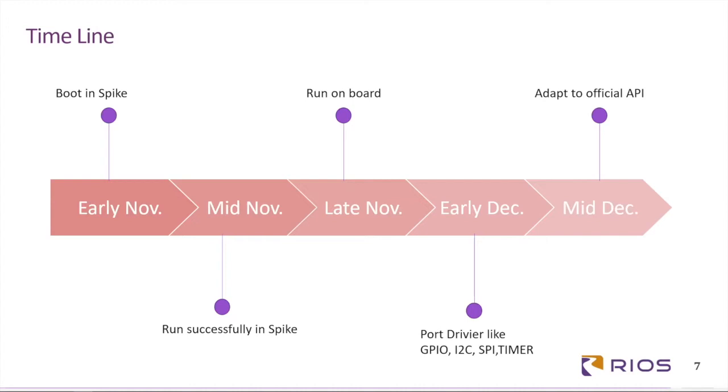After the kernel can work on the board, we port the drivers, for example, GPIO, I2C, SPI, timer, to the system. Then we update the hardware driver application to the official application interface to provide a uniform API for, for example, the user layer application to invoke.